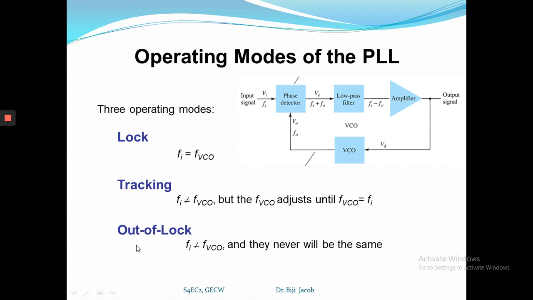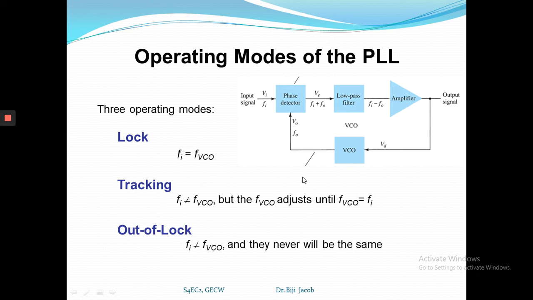But if the input frequency is far away from the free running frequency, the VCO can never catch up with the input frequency, and it will keep running at its own free running frequency.